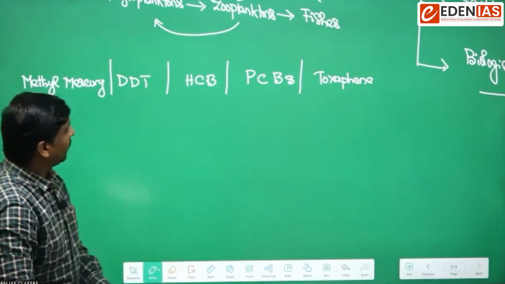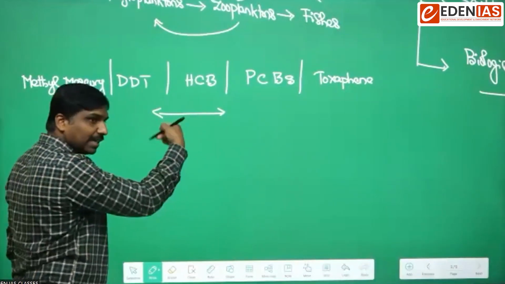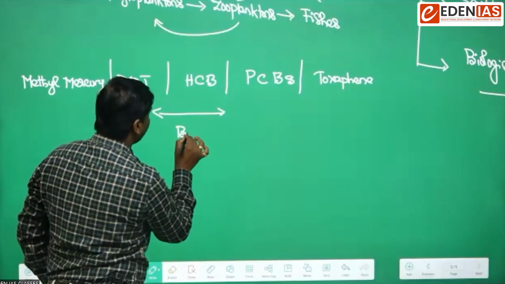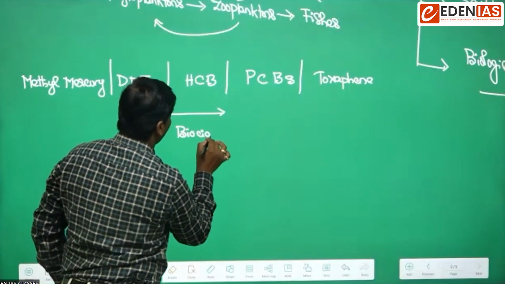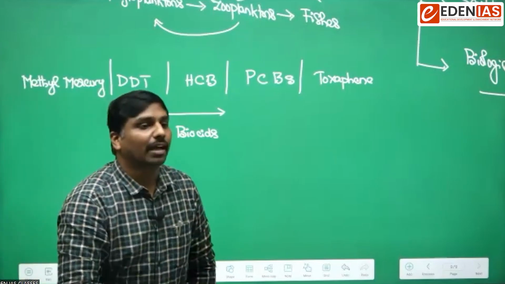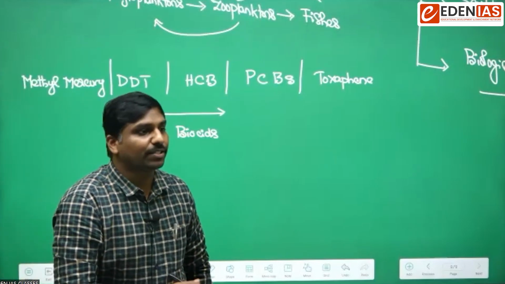Some of them might be pesticides or insecticides. In simple terms, we can say all the biocides. Biocides means pesticides, insecticides, or agricultural herbicides. So they may have the ability to become biomagnified.